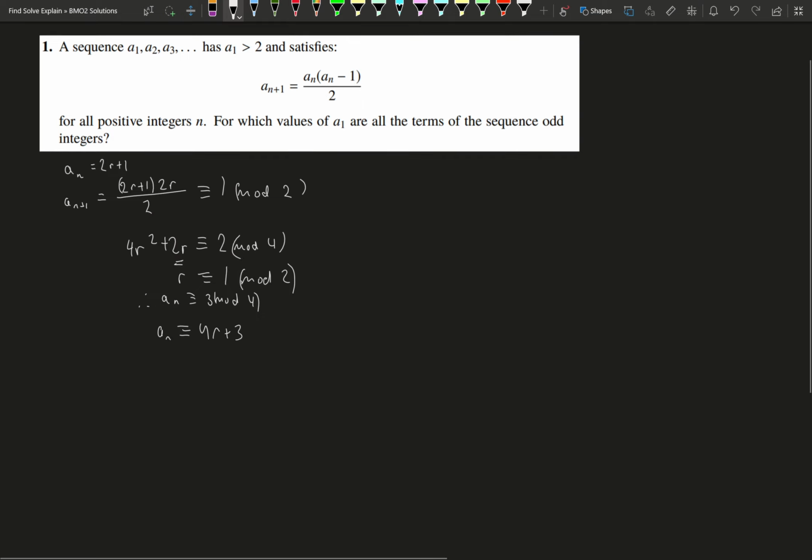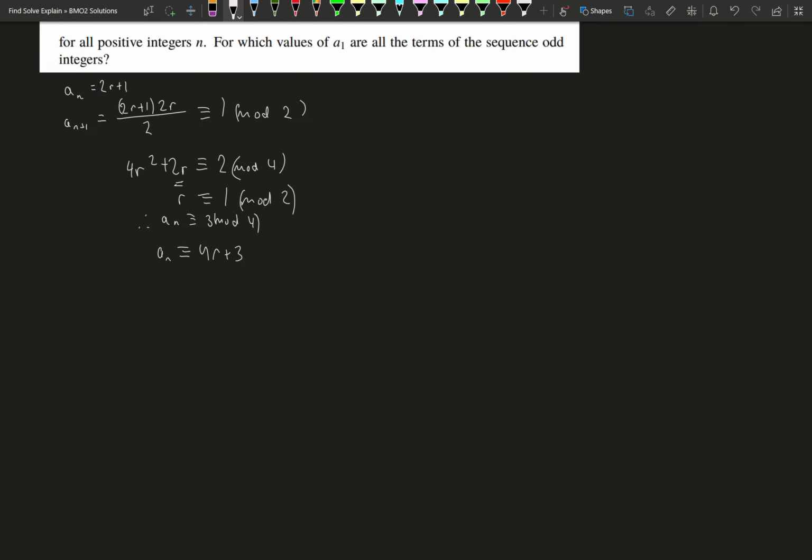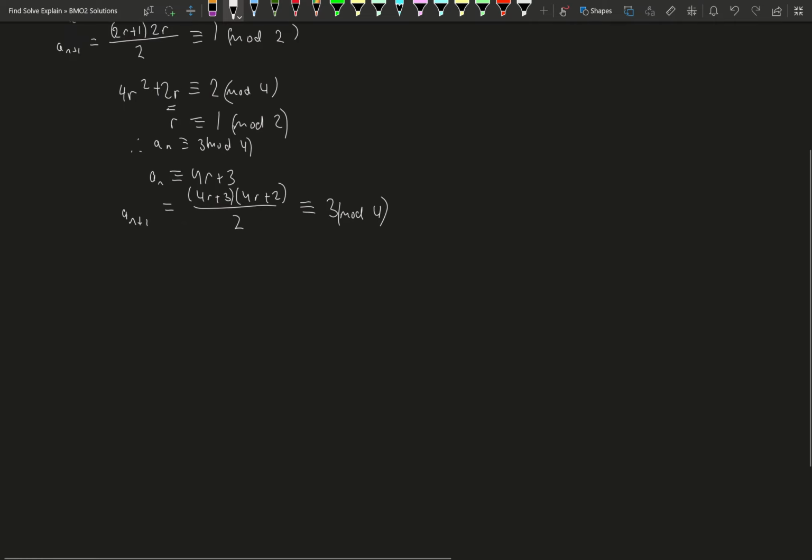Then A(n+1) equals (4r plus 3) times (4r plus 2) all over 2, which is congruent to 3 mod 4, and we know that because An is congruent to 3 mod 4, A(n+1) must be too.